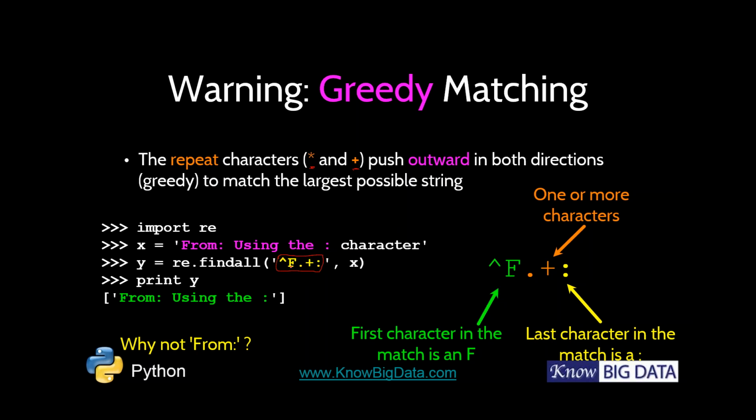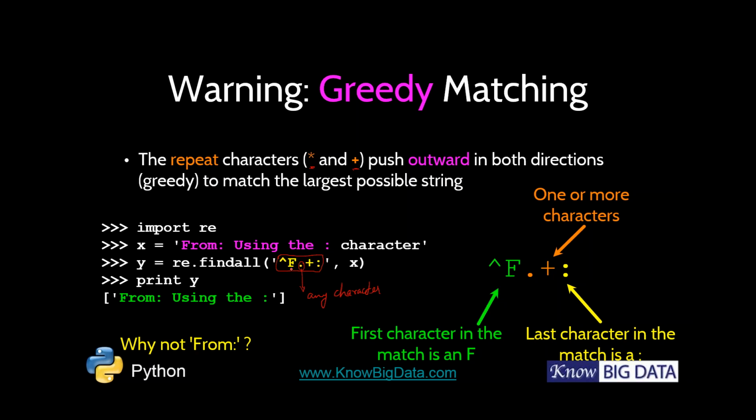And what is the expression? The caret symbol is for matching the beginning of a string. So we'll see if any string is beginning with a capital F, followed by any character. Remember the dot? Dot is for any character.